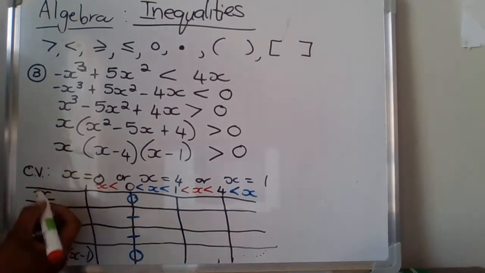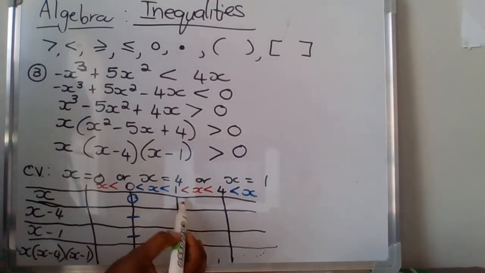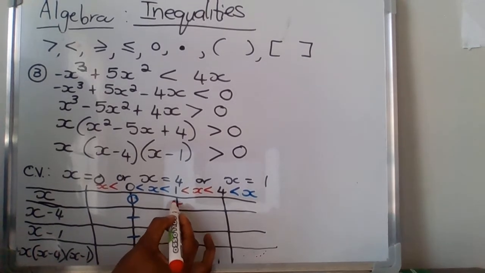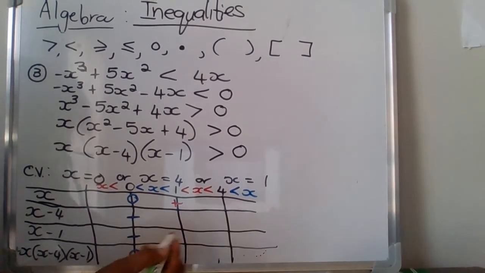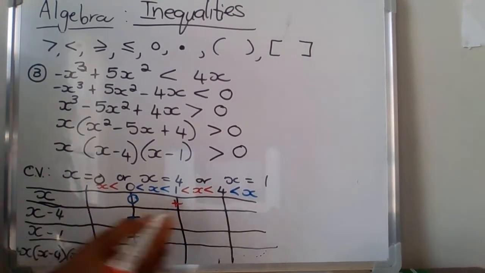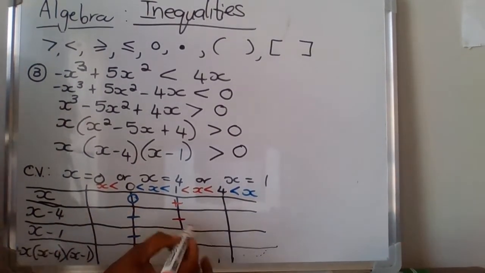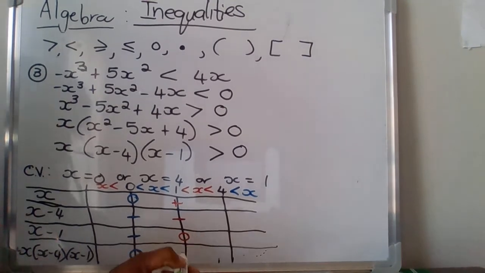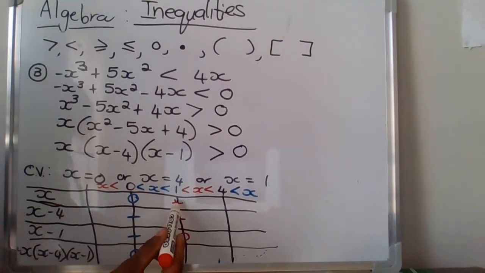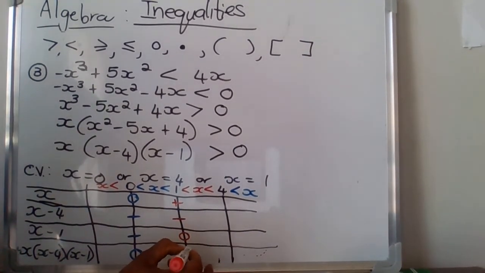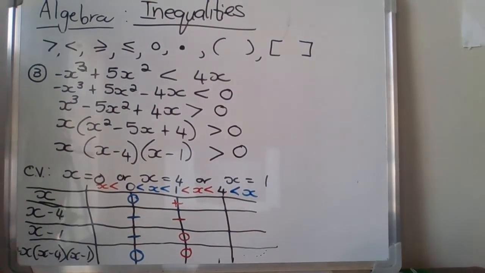The next one, when x equals 1, this one here is a positive sign. When x equals 1, this here becomes a negative sign. When x equals 1 here, this one is 0. Again, 0 times any value, you're still going to get 0.